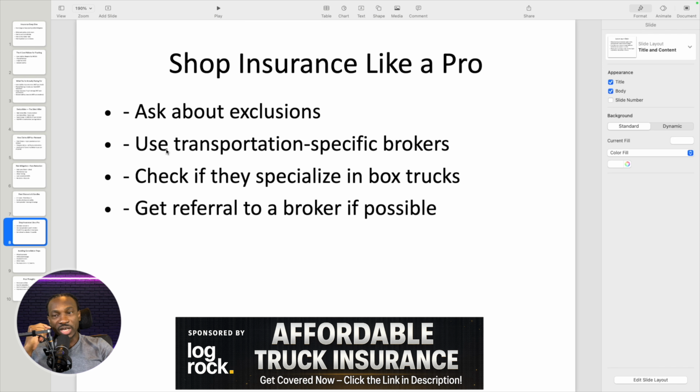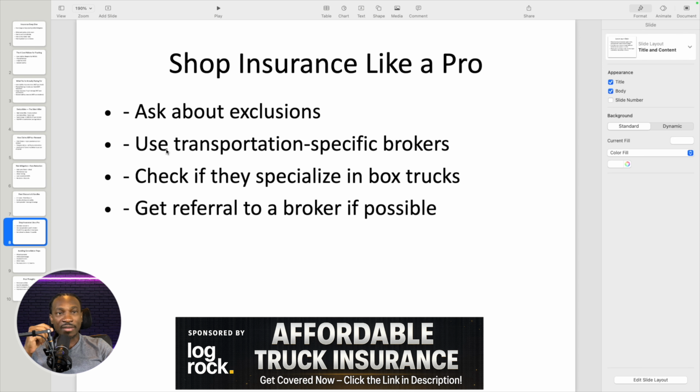So make sure you get a broker, all right, a commercial broker that can shop for you. Make sure you ask about exclusions. What won't be covered in the policy? You want to know that, all right? Check if they specialize in box trucks. Make sure the broker has some type of certification or knowledge on brokering insurance in the trucking industry.